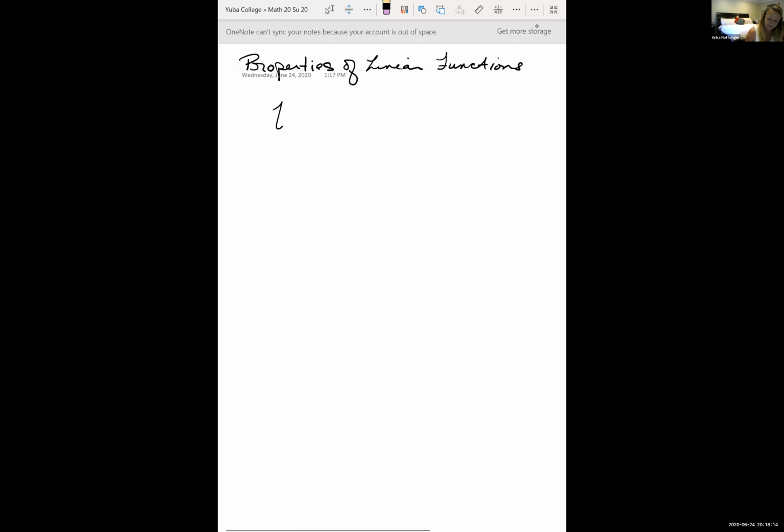So if we have a function in the form of f of x equals mx plus b, this is a linear line or a linear function. We know that m is equal to our slope, and b was equal to the y-intercept when it was in this form.